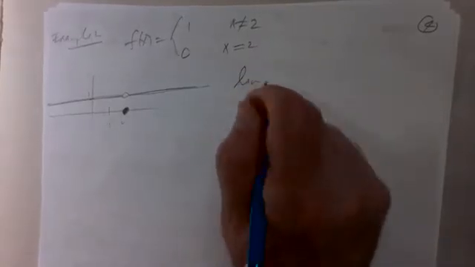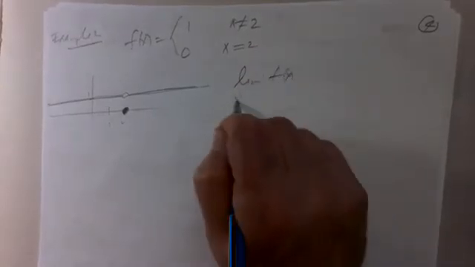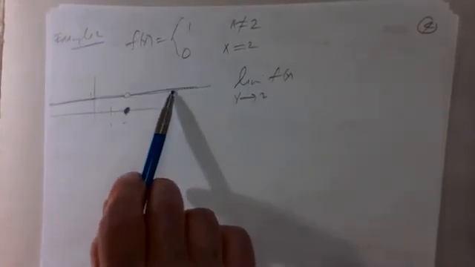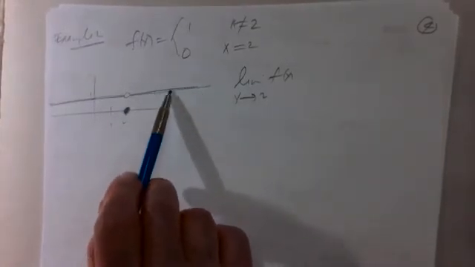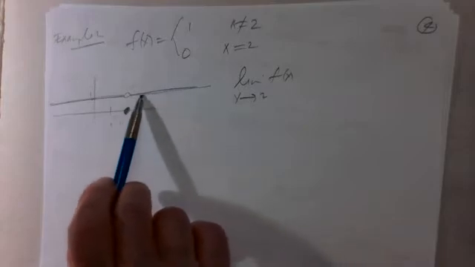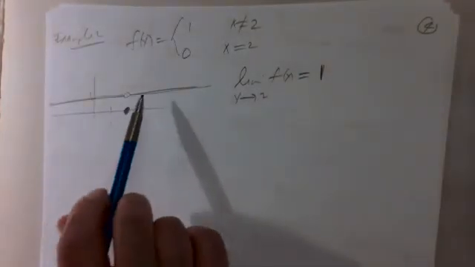So for this function, what is the limit of f of x as x approaches 2? Well, the value of the function at 2 happens to be 0. But when x is different from 2, the function is 1. And as you get closer and closer to 2, the function is still 1. It's always 1. So the limit as you get closer and closer to 2 is equal to 1. It's not equal to 0, right?